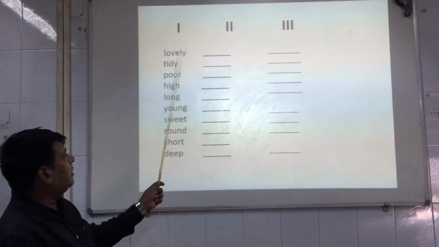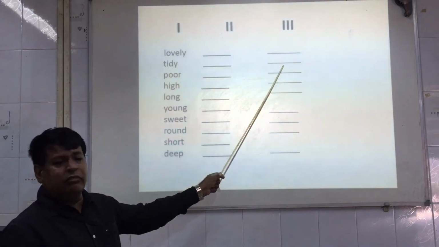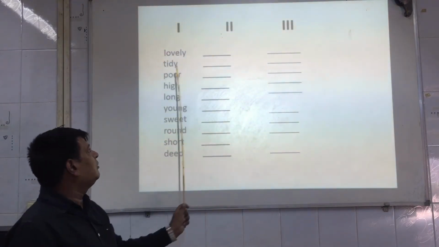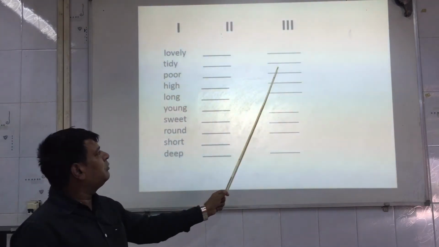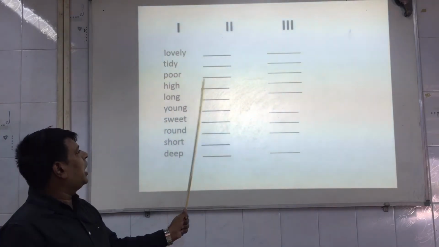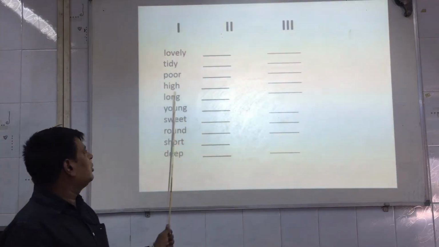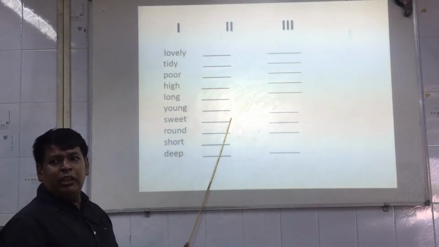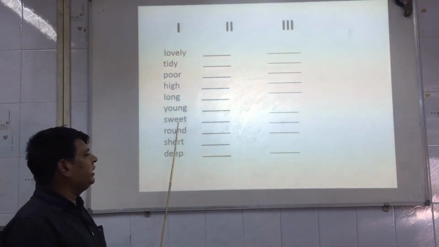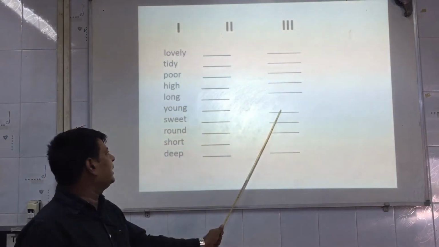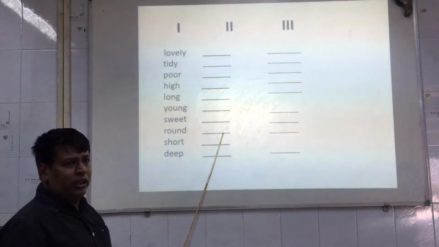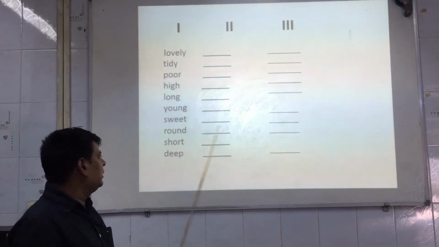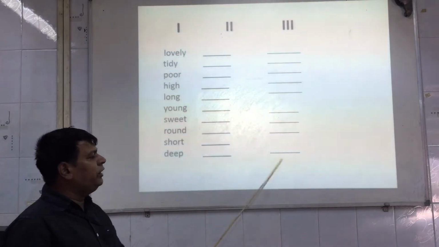See, lovely, lovelier, loveliest, tidy, tidier, tidiest, poor, poorer, poorest, high, higher, highest, long, longer, longest, young, younger, youngest, sweet, sweeter, sweetest, round, rounder, roundest, short, shorter, shortest, deep, deeper, deepest.